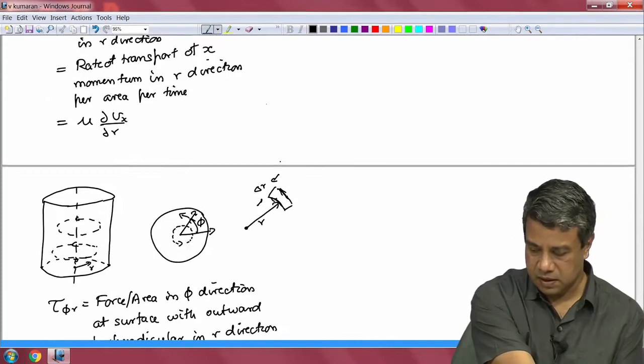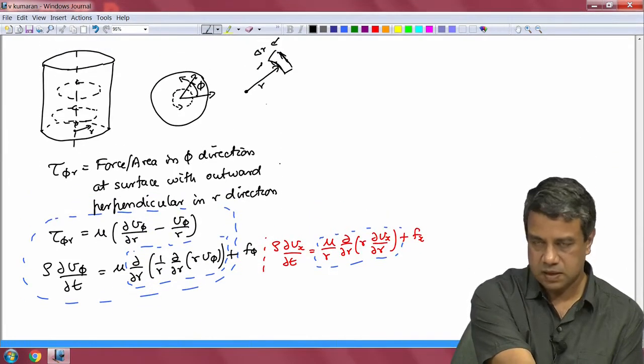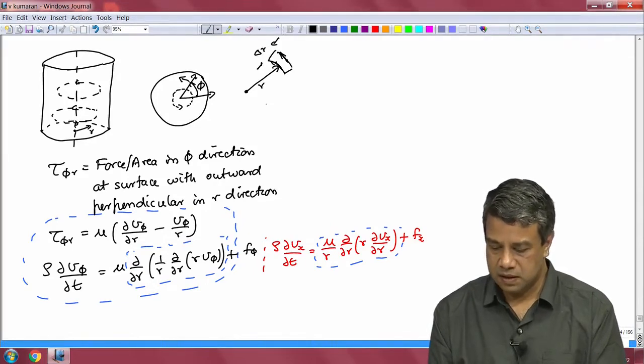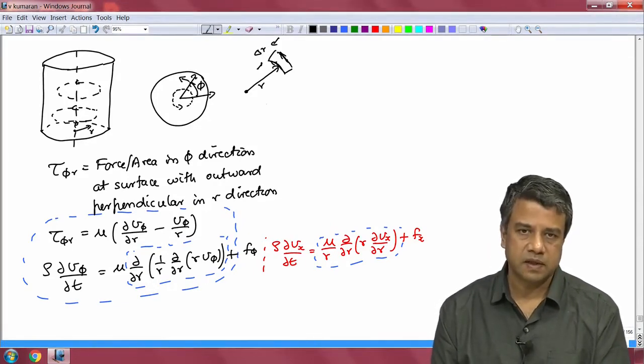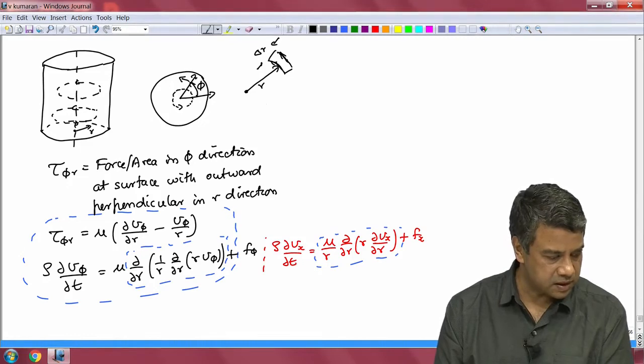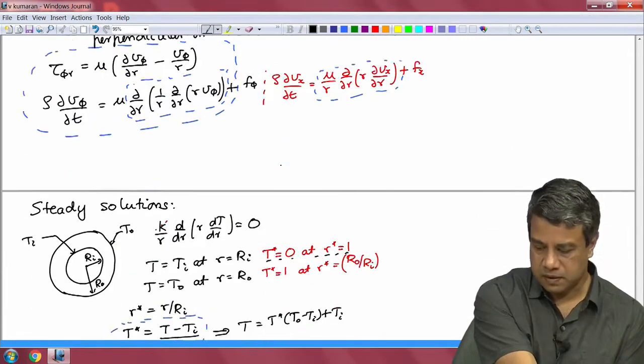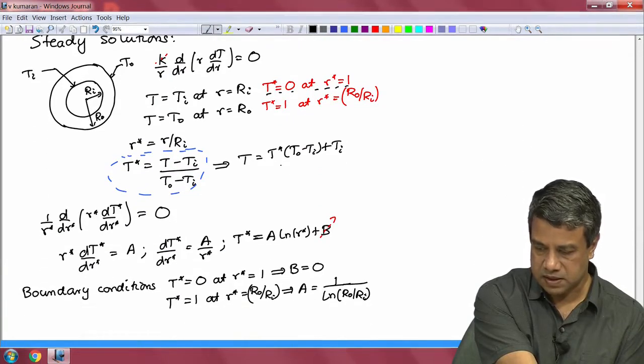But if the flow is along the circumferential direction, the phi direction, then you get a slightly more complicated form of the equation. This also we had seen in the last few lectures, and then we were proceeding to solve equations at steady state.